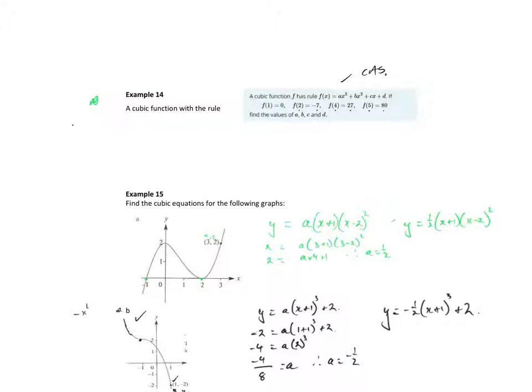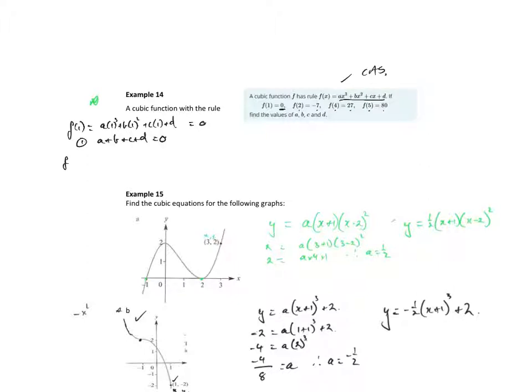So I'm going to say f of 1 is equal to, substitute 1 into this. So I get a times 1 cubed plus b times 1 squared plus c times 1 plus d, and that's equal to 0. So that means I get a plus b plus c plus d is equal to 0. There's equation 1.